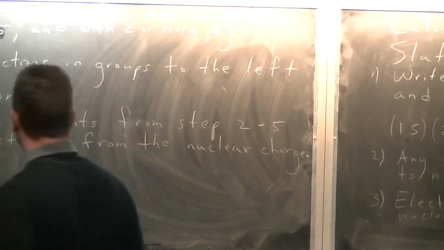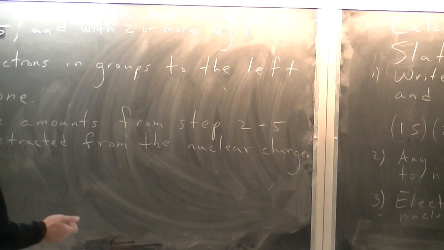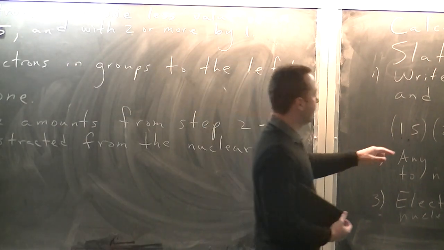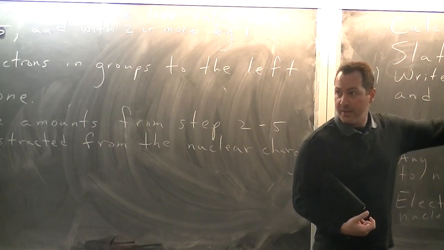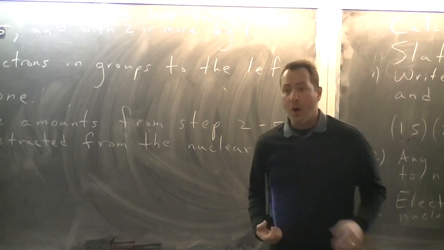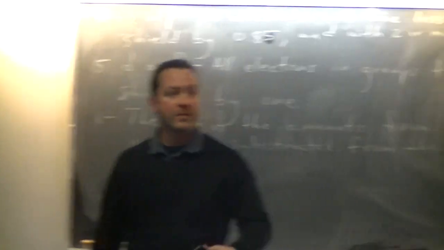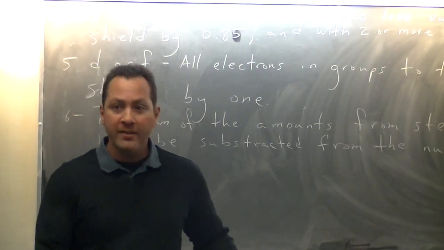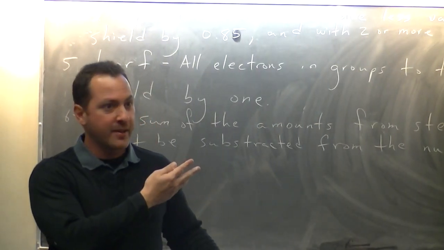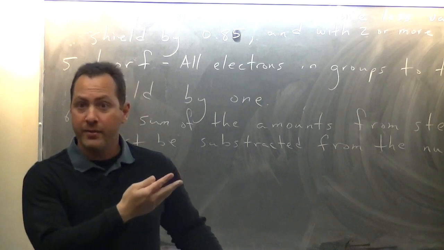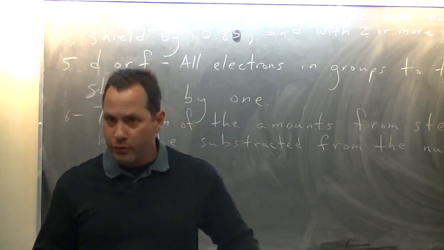Well, the very first step is that you need to write the electronic configuration of fluorine using this, right? So how many electrons does fluorine have? Yeah, you can cheat. You can look at the periodic table. 9 electrons, right? Neutral fluorine.